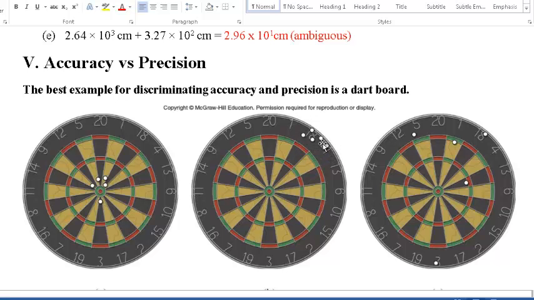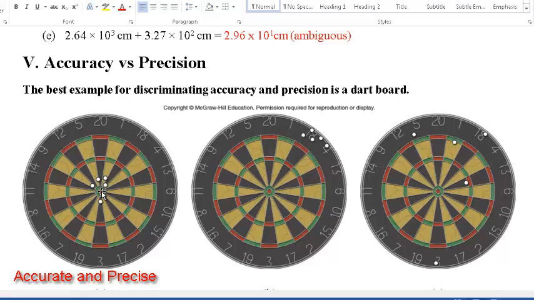Situation on the left: is this particular dart thrower accurate or precise or both? I would argue he's both, because he's pretty reproducible at hitting the target. The target is the bullseye. So accuracy is really getting your target, whatever observation or standard or metric that may be.